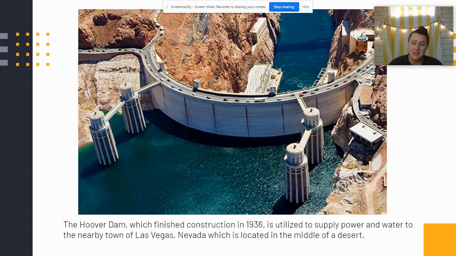So Las Vegas actually would have never happened. It wouldn't have been able to sustain a population as large as it does now without the Hoover Dam, because it needed water and power supplies, which this human innovation, this invention, allowed.